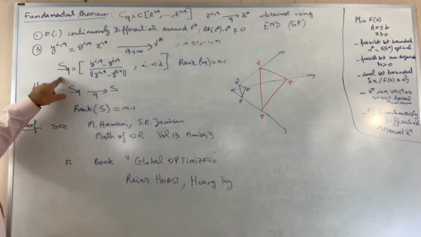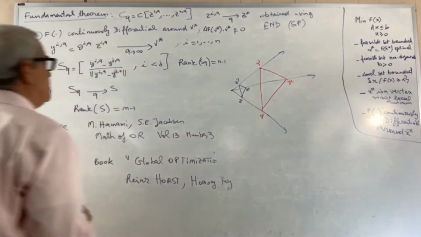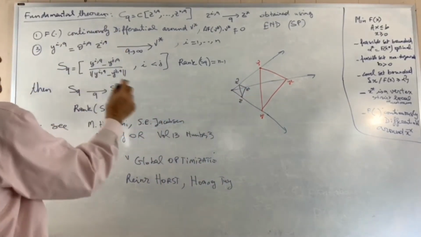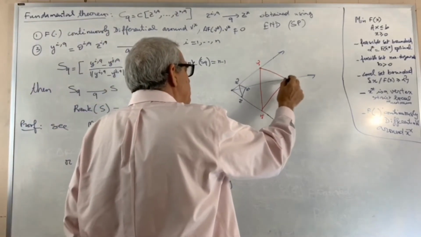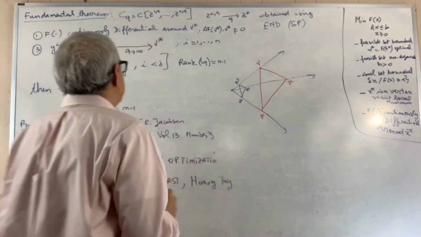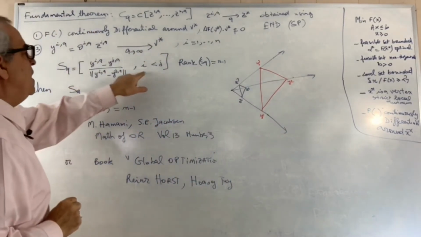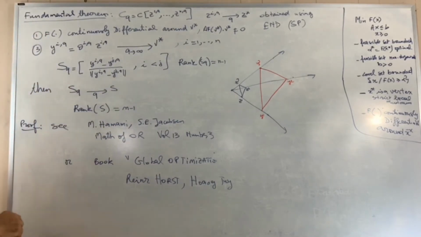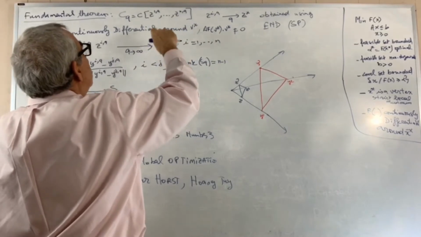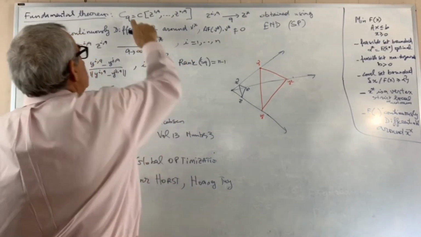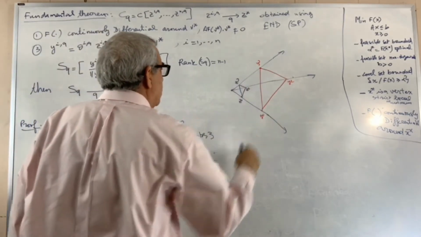Now, if we form the matrix, similar to what we did with the simplices that define the cone, of directions y i q minus y j q over the norm, for i strictly less than j, then because this is an n-dimensional cone, the rank of S q is n minus 1.